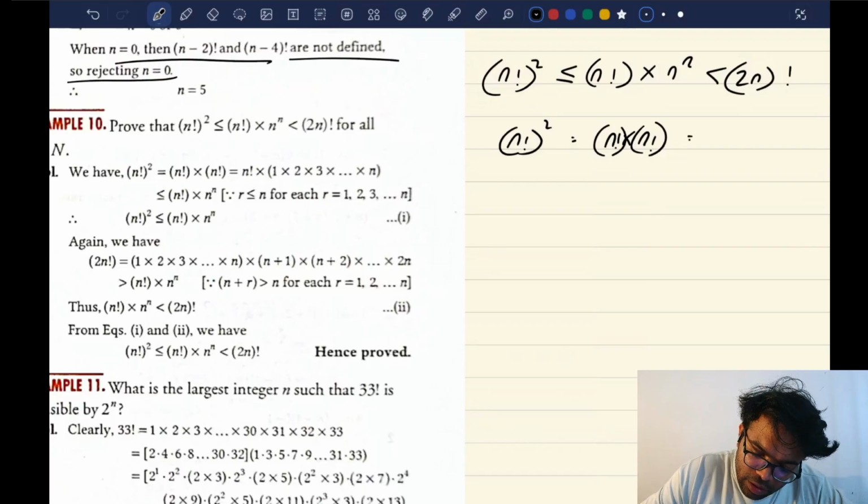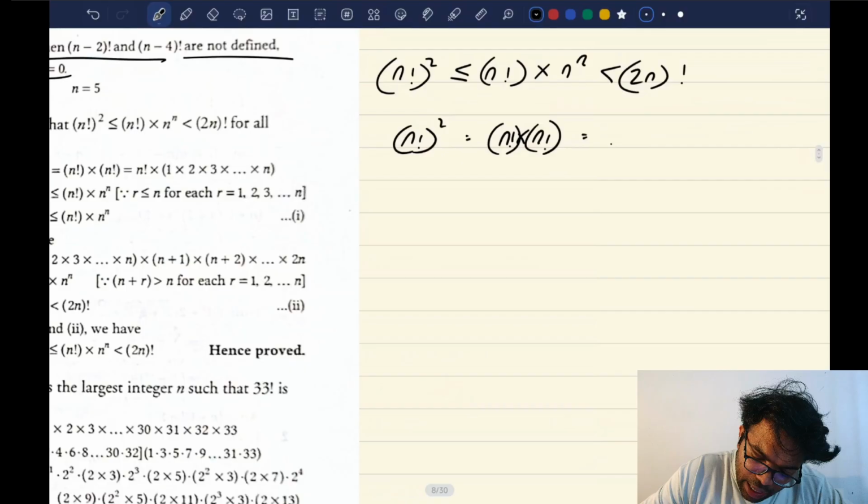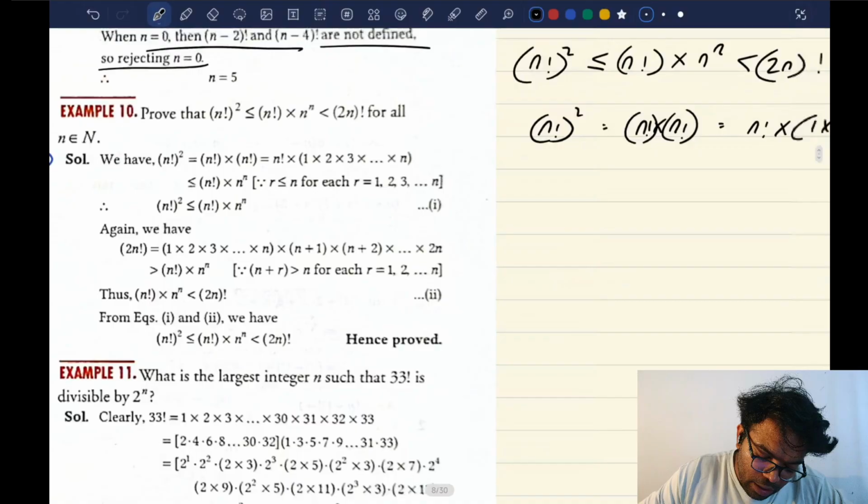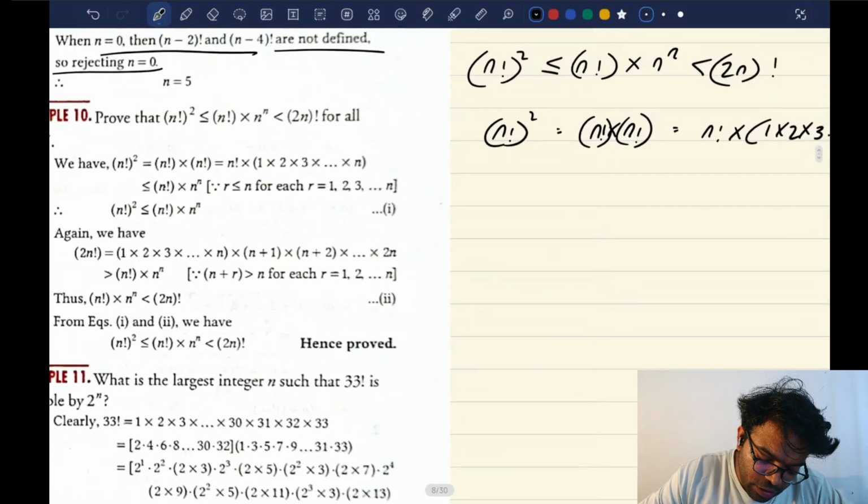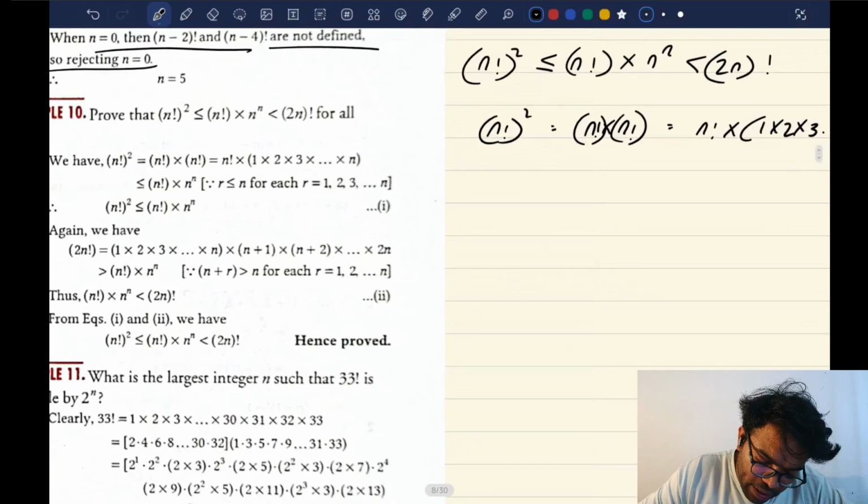Okay, so this can be written as n factorial multiplied by 1 into 2 into 3 dot dot dot multiplied by n. This is n factorial the whole square. Now the next is n factorial into n to the power of n.